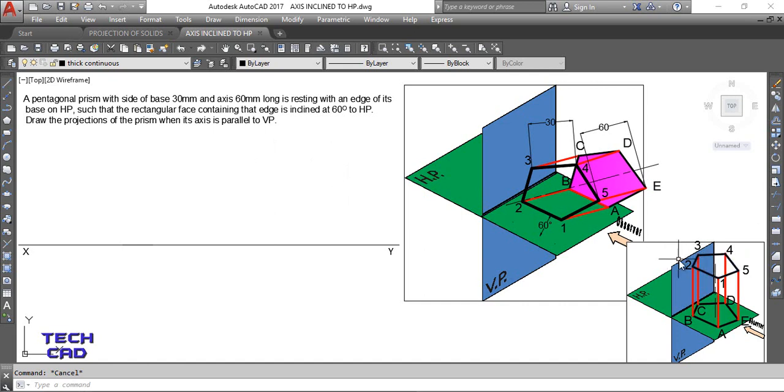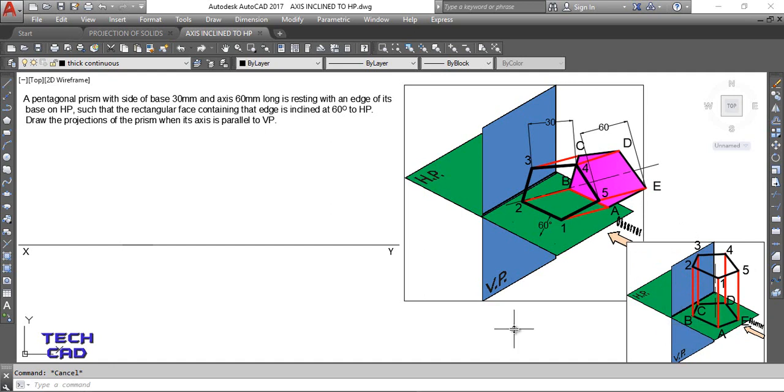So this is my assumption. If this axis is inclined with HP, you have to make that axis perpendicular to that particular plane. You can see here that this imagination shows the assumption. I'll put my solid exactly on that face. If you remember, this is the AB edge on which my prism rests. Make my solid exactly perpendicular to your horizontal plane. Why with the horizontal plane?